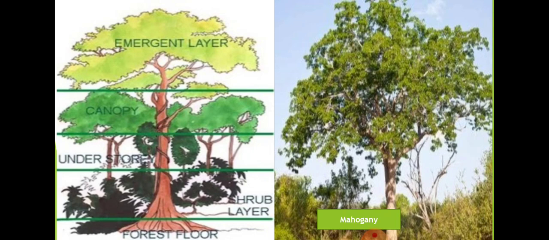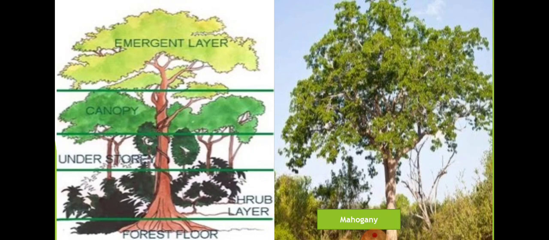Somehow if they manage to enter, there you can see the forest floor. Above that the shrub layer is there. What is the shrub layer? Where the small plants grow. And below the canopy, the understory is there. These are also the densest areas, but if sun rays pass through, the small plants manage to grow there.